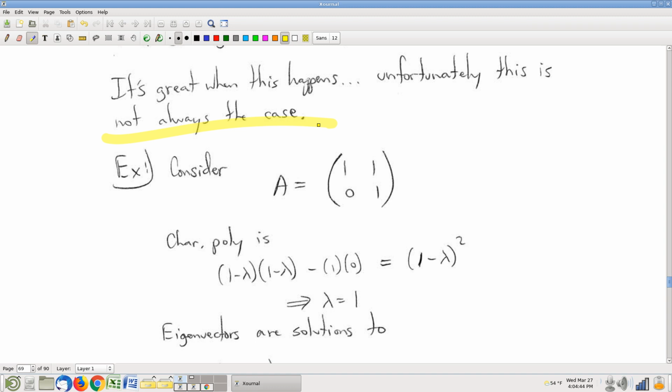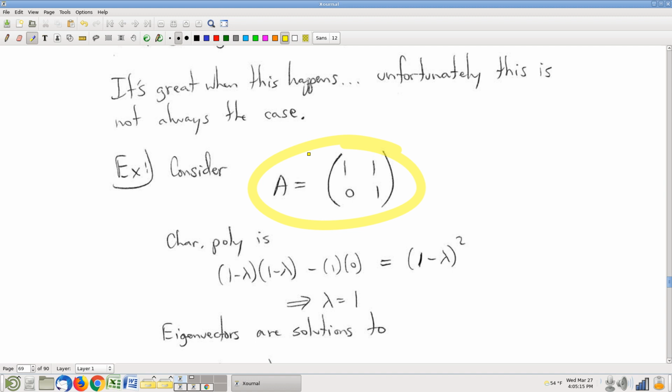By the way, it's not that we just haven't found the right eigenvectors yet. It's that they aren't there. So it is not the case that you'll always find the, what you might call, expected number of eigenvectors. Here's an easy counterexample. Look at that unimposing matrix. Seemingly harmless. Ones and zeros, right? What could possibly go wrong?